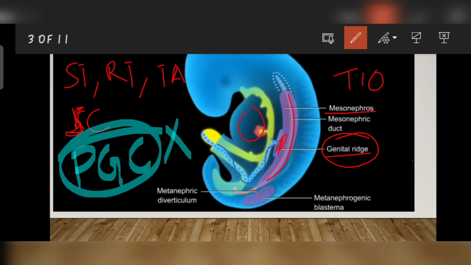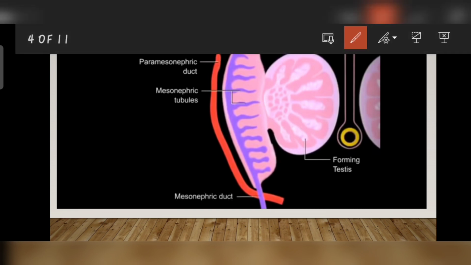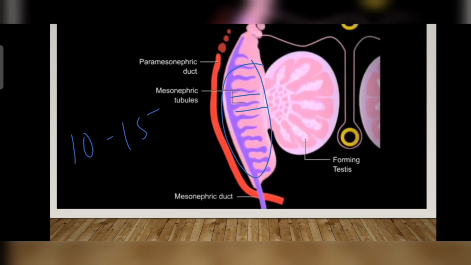Most of the mesonephric ductules undergo atrophy, but about 10 to 15 tubules, so you see these are the mesonephric ductules over here. So majority of these undergo atrophy, but about 10 to 15 ductules persist and they form the efferent ductule.